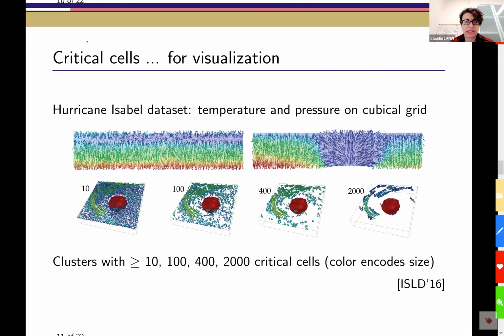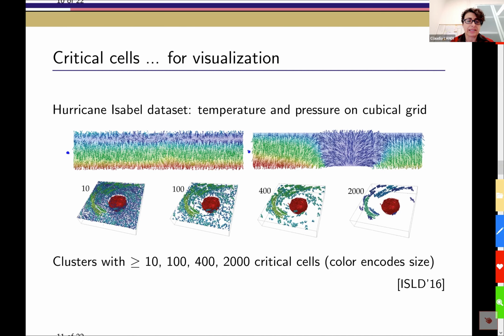And as you see, the temperature gradient here and the pressure gradient here do not agree everywhere. There are places where they strongly disagree.